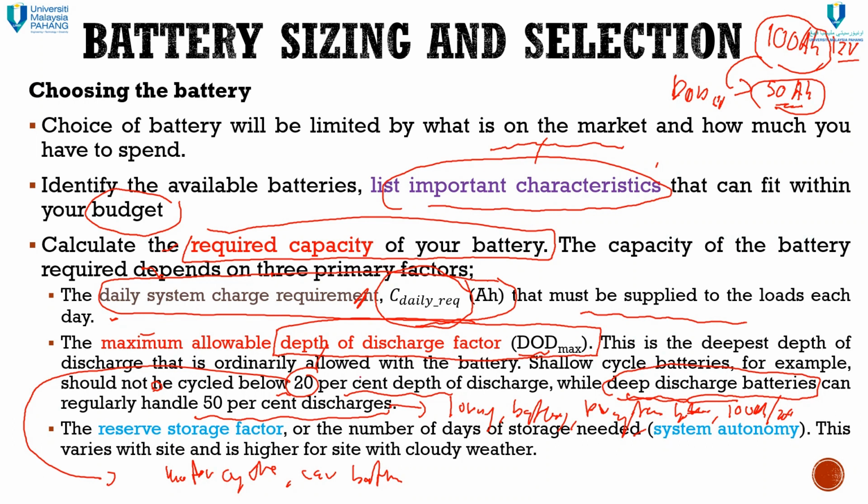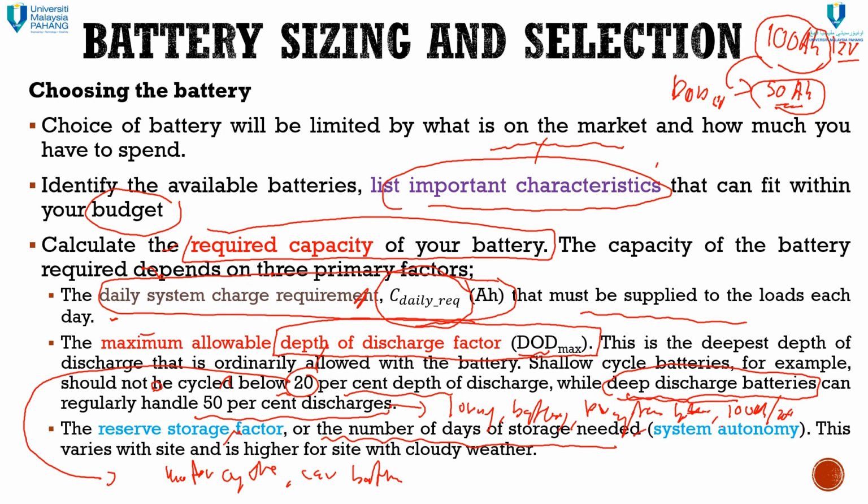Reserve storage factor, or system autonomy, is the number of days of storage needed. It's very site specific and higher for sites with cloudy weather. System autonomy means how many days you want it to withstand if the weather condition is very bad. So that battery will become the main source of energy supplying the load that we have designed.